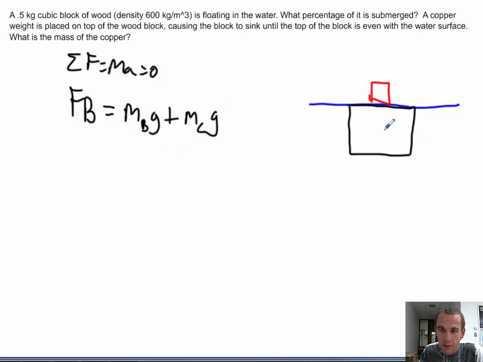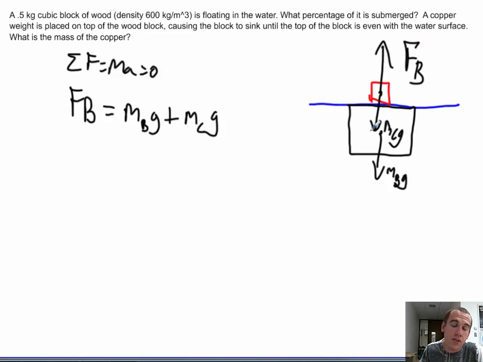If I was drawing that over here, I'd have m_b g, m_c g, and then finally the buoyant force acting up. Those three forces add up to zero. Well, I know what this one is because I know the mass of the block and I know g, so I have 0.5 times 9.8. And if I knew this, then I would also know that.